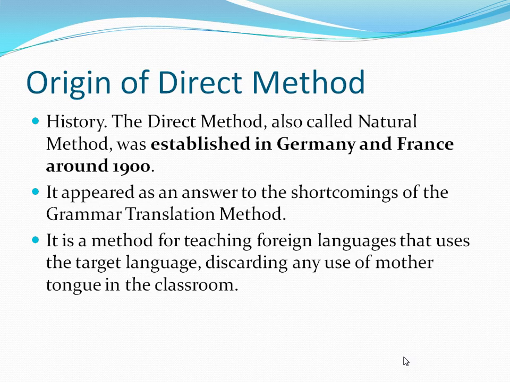The grammar translation method had shortcomings, especially in enhancing the pronunciation capability and the speaking quality of the learner. So, finding the leakage of the grammar translation method, this direct method started its journey. So it is attributed to the history of the grammar translation method.